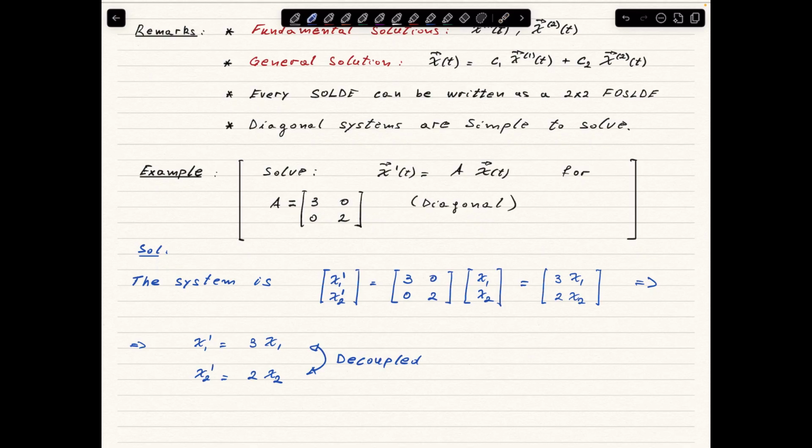We learned how to solve this equation a long time ago in one of our first videos, and the solutions are x1 of t equals some constant that we are going to call c1 times exponential 3t, and x2 of t is some other constant, which you can fix if you have an initial condition, times exponential 2t. And that's that. These are the solutions.